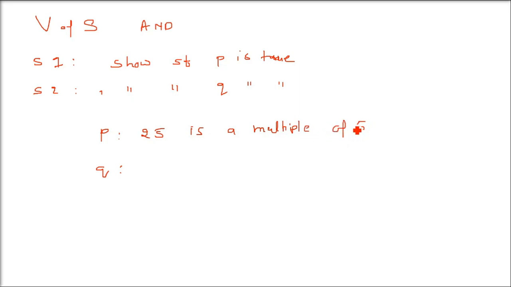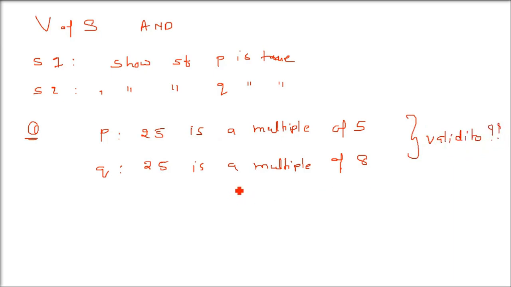This example is from R.D. Sharma, so you can just refer to it. Q is 25 is a multiple of 8. Now the question is, write the compound statement connecting these two statements and check its validity.